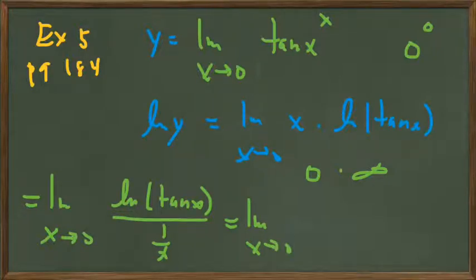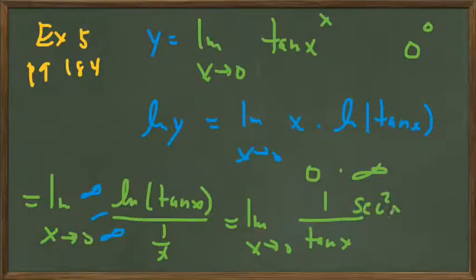We take the derivative of the top and the bottom because this is an infinity over infinity problem, so L'Hopital's rule applies. It becomes 1 over tangent x times the derivative of tangent, which is secant squared x, and then divided by the derivative of the bottom.